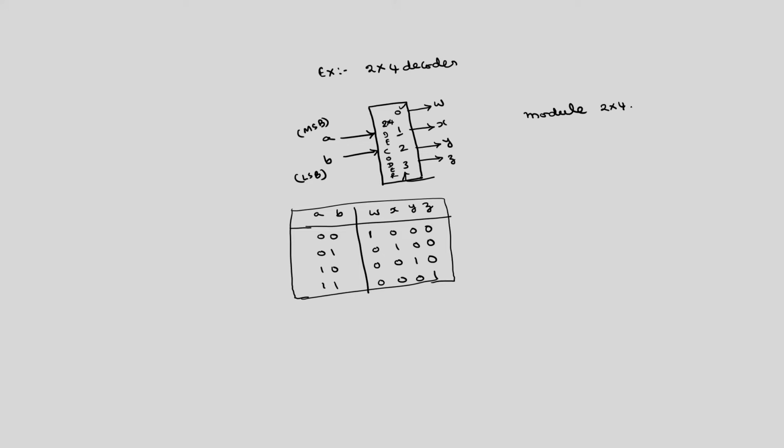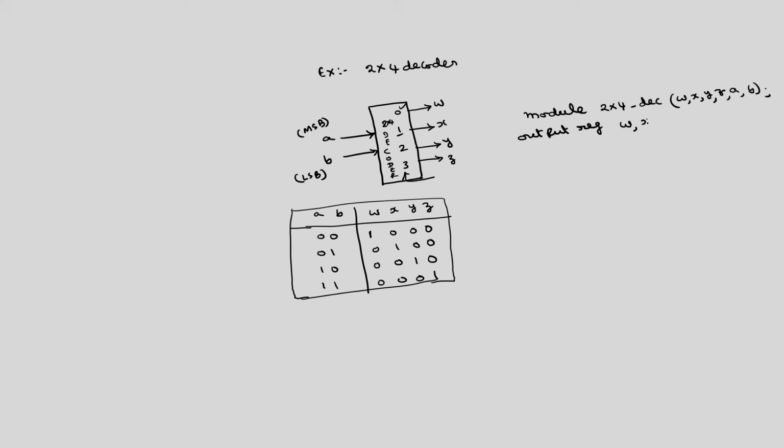Module 2 by 4 decoder, outputs are W, X, Y, Z, inputs are A, B. Output and all the target outputs we have to declare as a register data type. So, I am using 2 keywords, output is one, another is register.